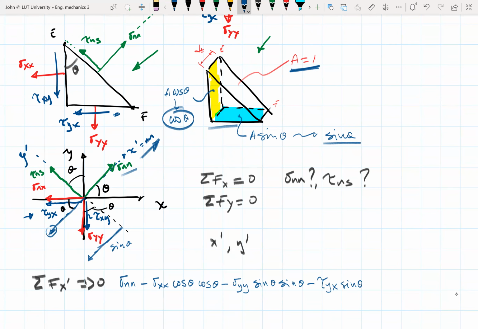And then to transform yx to the x prime axis, I need to multiply it by the cosine of theta.